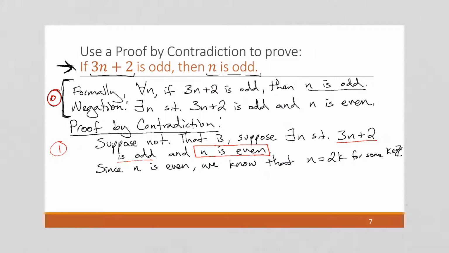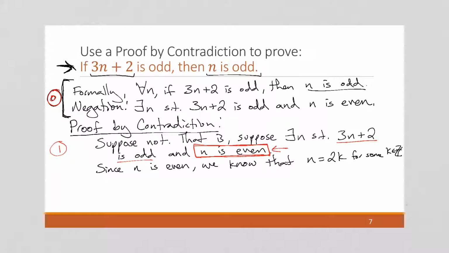We're trying to find a contradiction. It's going to be easiest to see if we start with one of these and go to the other. Now, we could have started with either one. I try to pick what looks simpler, so n being even seems simpler than 3n plus 2 being odd. But we pick one, and then we go from there.